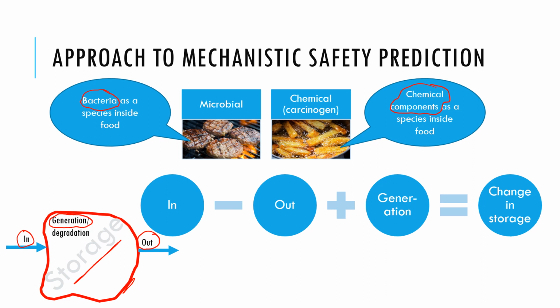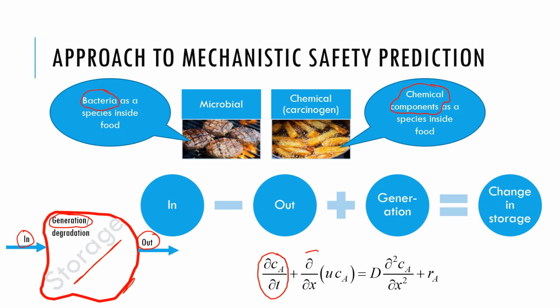If you follow through with the derivation, you get an equation that looks like this, where all of the terms have physical meaning. So this one is kind of a net change in storage or rate of change in storage.